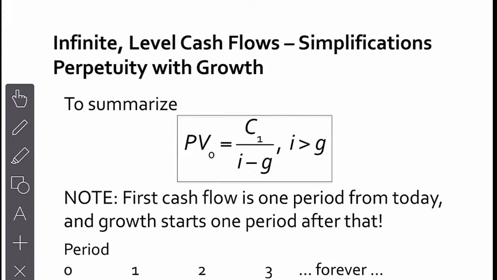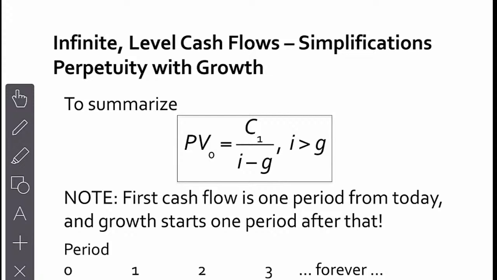The idea is the rate of growth of the cash flows to come offsets the effect of the erosion of future dollars by the interest rate. So that's going to be the formula we use, with the condition that you only apply this formula if the interest rate exceeds the growth rate. If it's the reverse, I explained to you, you don't use this formula.